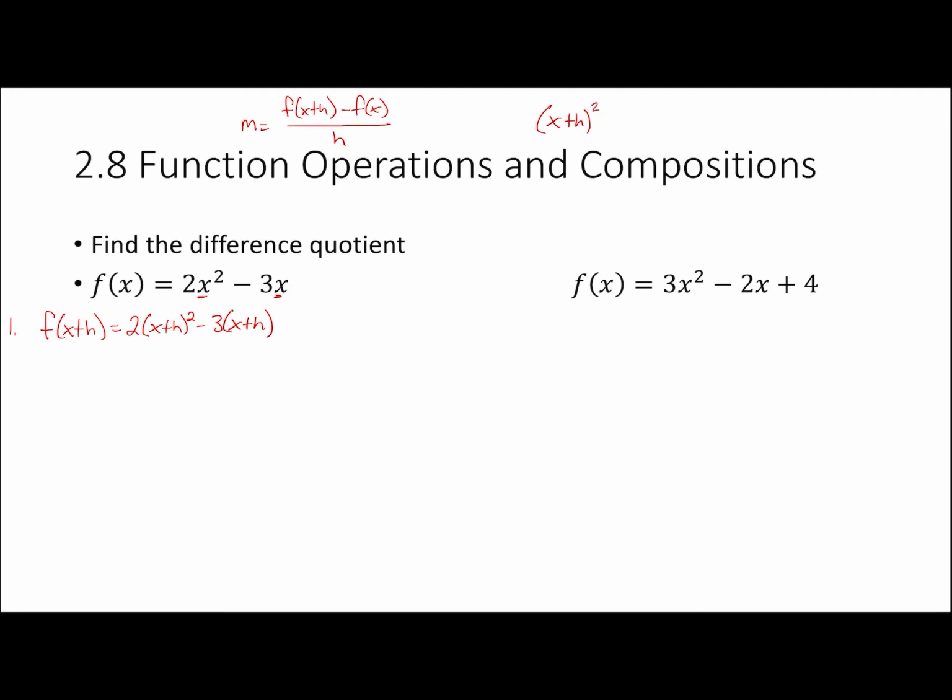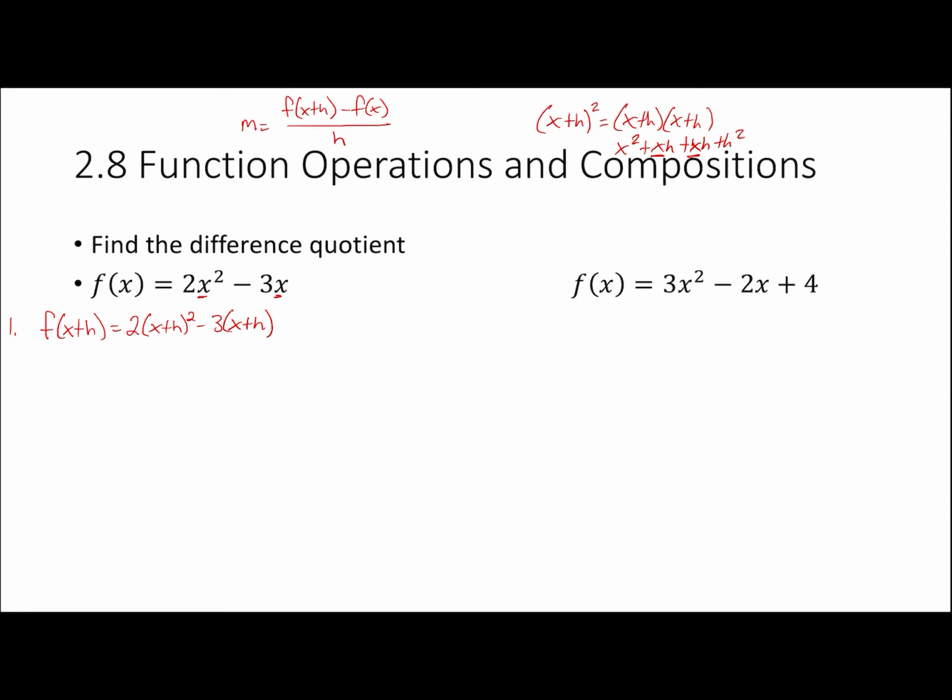So we need to start by squaring x plus h. Now, if you need to pull this out to the side, here at the top of the screen, you can see this, and write x plus h squared as x plus h times x plus h, and then FOIL. You'll do first, outer, inner, last. And when you do, you should get x squared plus xh plus xh plus h squared.